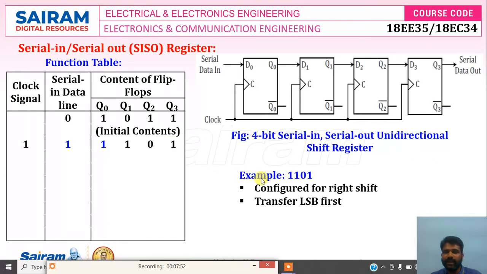Clear? Next we set the second bit to be transferred, that is a 0, and that 0 will be loaded into the D0 flip-flop.